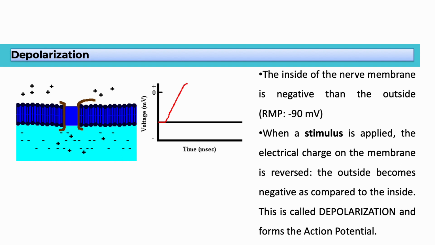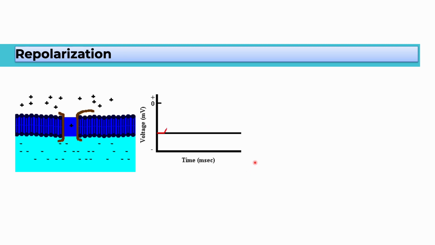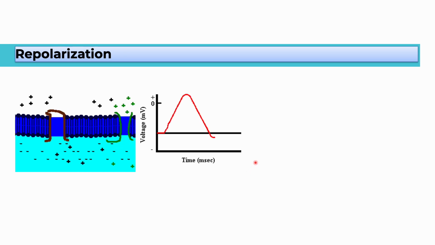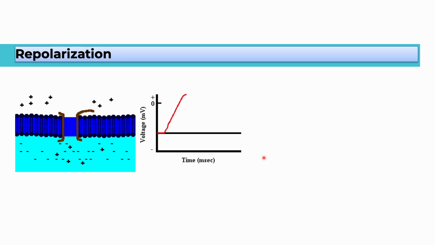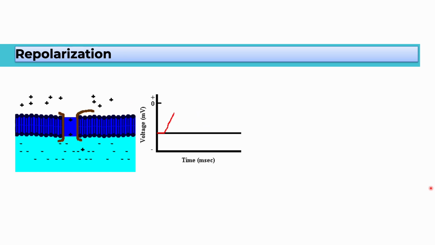All right, moving on to repolarization. Repolarization is the process by which the membrane potential of a neuron returns to its resting potential after an action potential has occurred. To understand repolarization, you have to start with the basics. You need to understand the basic principles of an action potential.